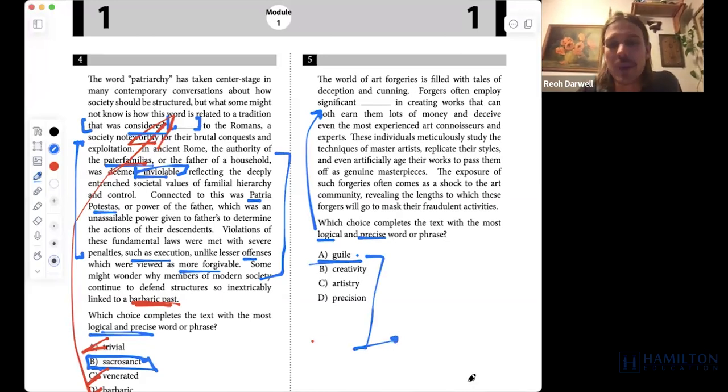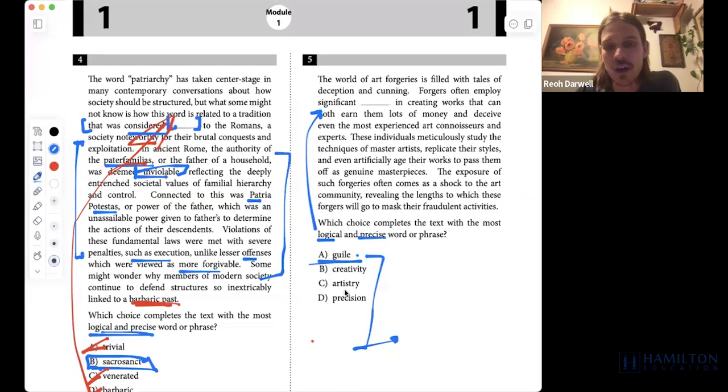Guile is basically an incredible skill at deceiving and misleading others. It's intelligent. Guile is seen as an intelligence at manipulating or lying, so that is exactly what this is.